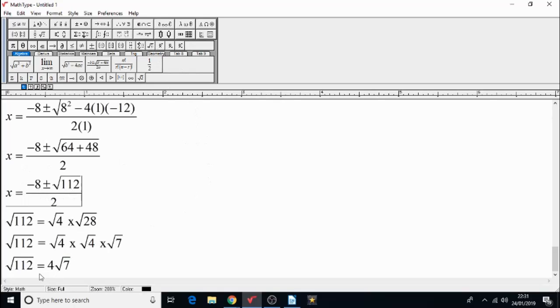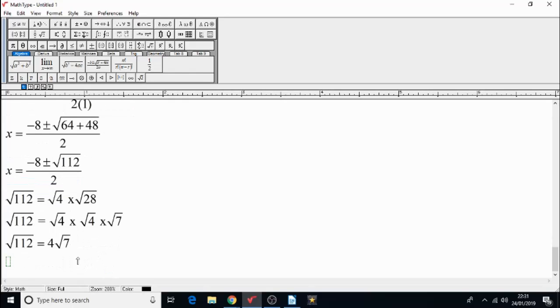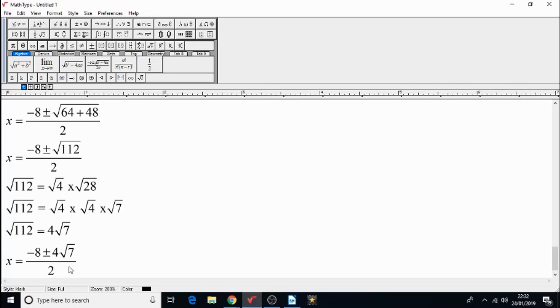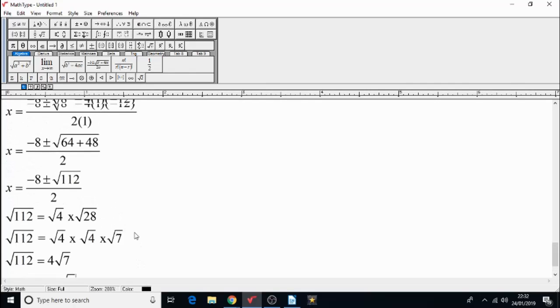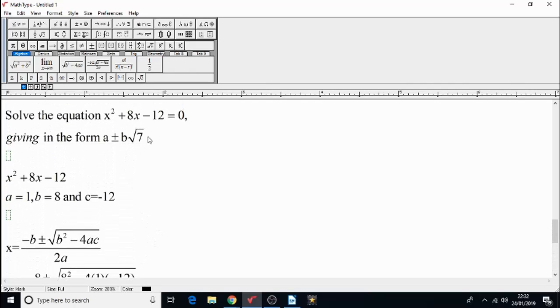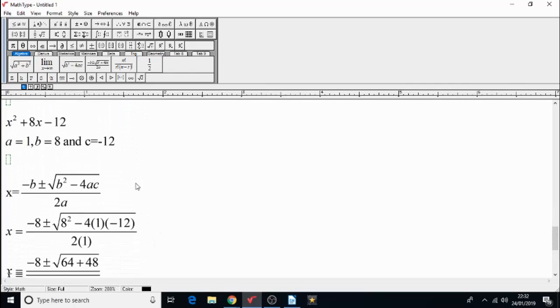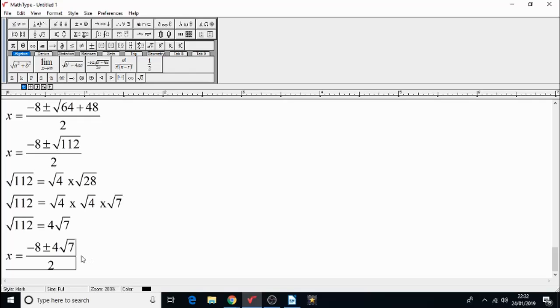So now we can go back to this equation. x is equal to minus 8 plus or minus 4 root 7 divided by 2. We're not done yet, because the question wants us in the form of a plus or minus b square root of 7, so that means no denominators. We've still got the denominator 2.